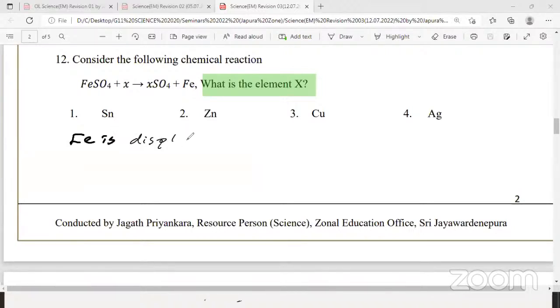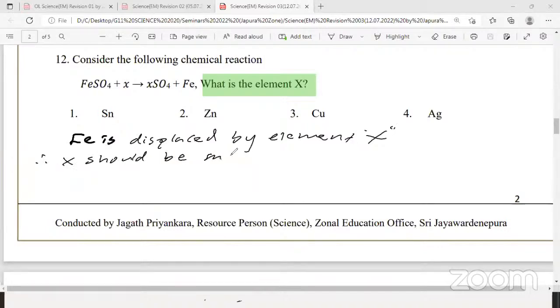Iron is displaced by element X. Therefore, X should be more reactive than iron. More reactive than whom? Than iron, Fe.